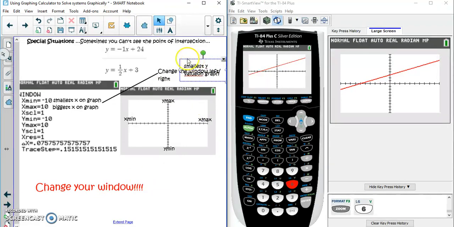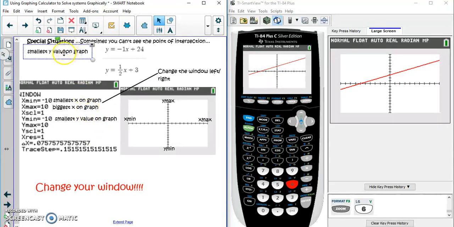I'm just going to label that in our notes here. And then y maximum, as we said, was the biggest value of y on your graph. The big important thing here is y minimum is the bottom, y maximum is the top.